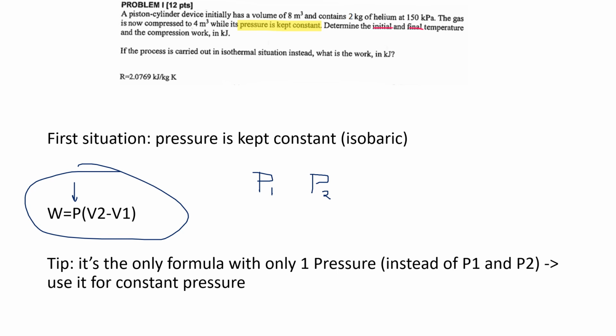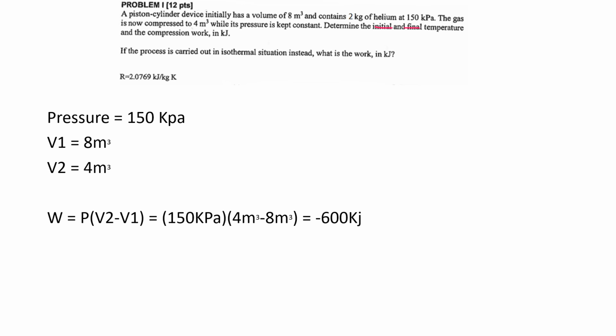P is constant because it's just one P. So that's my tip if you're not sure which formula to use. So the pressure is 150 kPa, volume 1 is 8 meters cubed, volume 2 is 4 meters cubed. Once you plug everything in, you get minus 600 kilojoules.